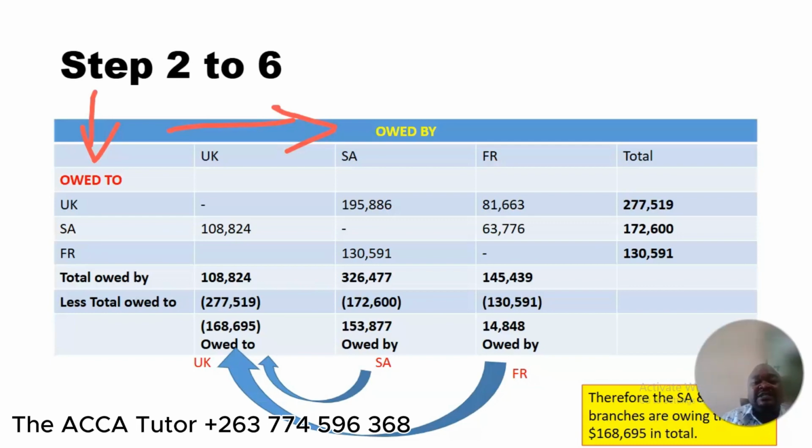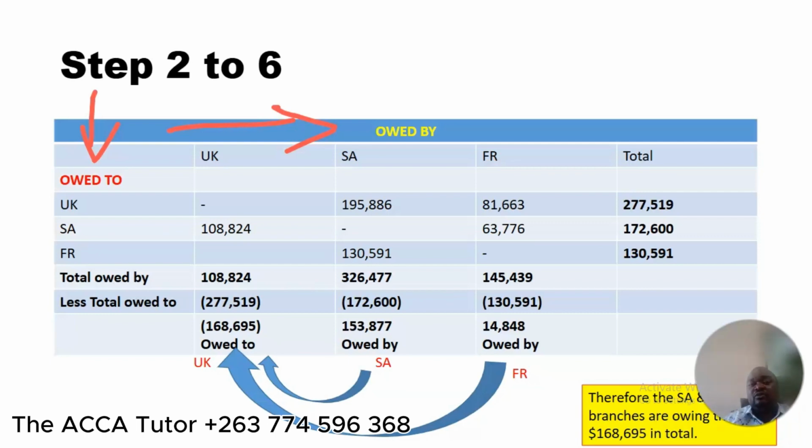So what it means is, like I said, most of the information you need to lead yourself. It is not hard and fast that the owed by should be on top, or should be rows, and the owed to should be columns.